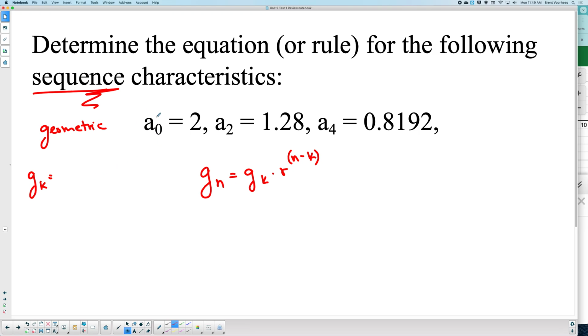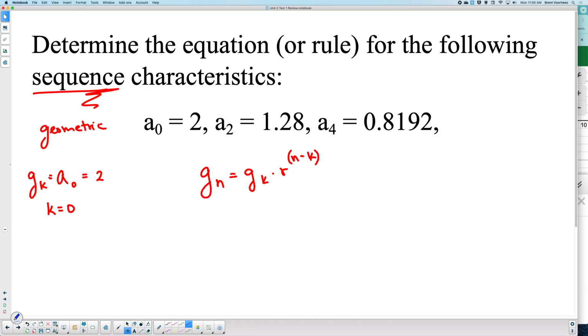I'm going to say it's this A0 there, which means that gk is equal to A0. A0 is 2, and k will be, what is k in our problem? 0. Good.